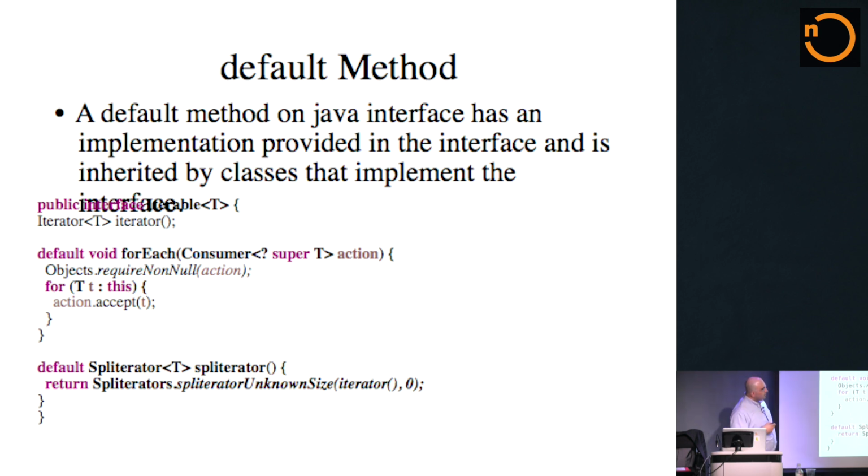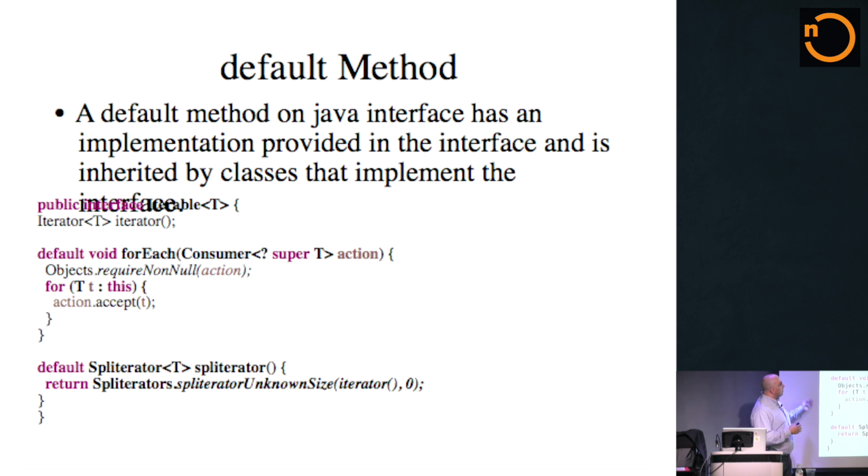Here's another one that's there, spliterator. That's another thing that all iterables are able to do. They can split themselves up and have children. And the spliterator is pretty cool because it's an iterator designed for parallelism. With the spliterator, you can split something up into different pieces so it can run on multiple threads without data races.